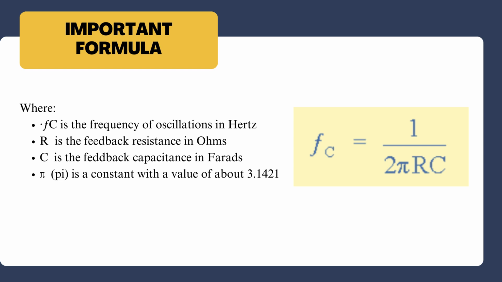Pi is a constant with a value of approximately 3.14. Understanding this formula and the interplay between the low pass and high pass networks allows engineers to design twin-T oscillators with precise control over their oscillation frequency.